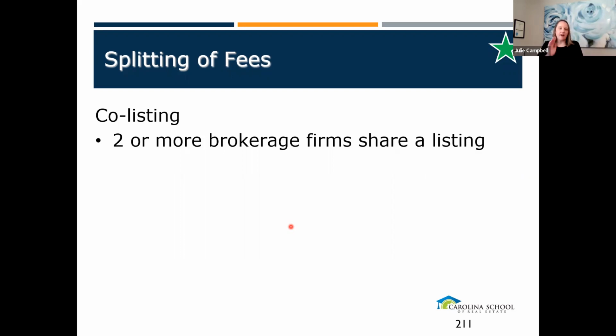It's kind of that gray area. And the seller may want to hire two firms, one within Triad and one within Triangle. And if the firms agree, we could co-list it. It's more exposure for the seller. We can offer more cooperation for the individual agents, the individual brokers.